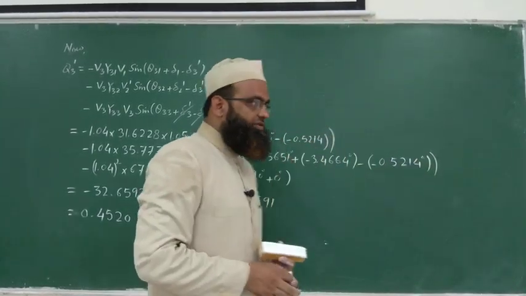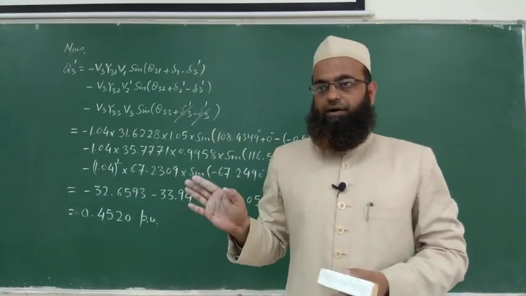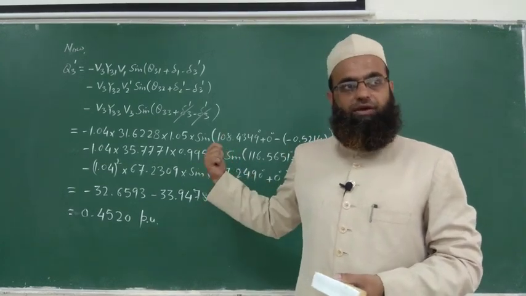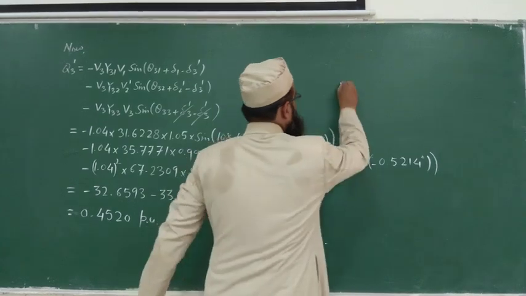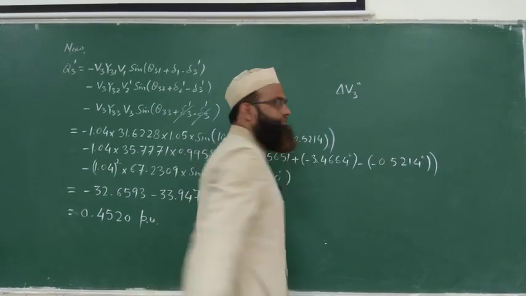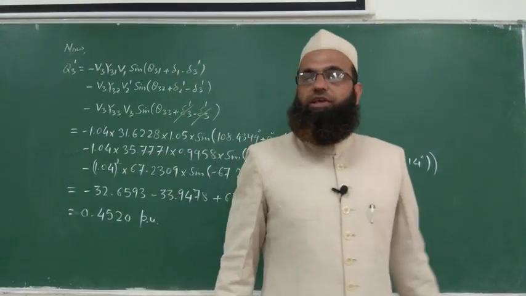So for PQ bus, variables are V and delta. So we need to evaluate the additional variable, which will be V3. So for V3 we need to evaluate del V3 0. Fine. So how to get these variables?